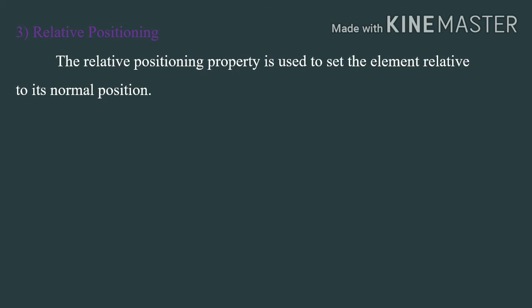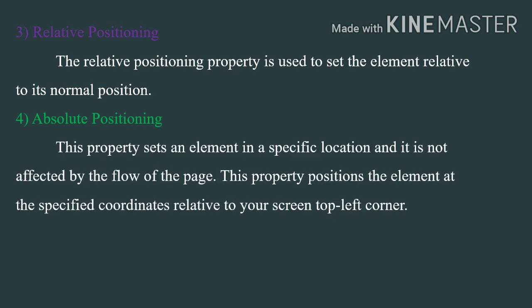Then fourth type, absolute positioning. Here this property sets an element in a specific location and it is not affected by the flow of the page. This property positions the element at the specified coordinates relative to your screen's top left corner.